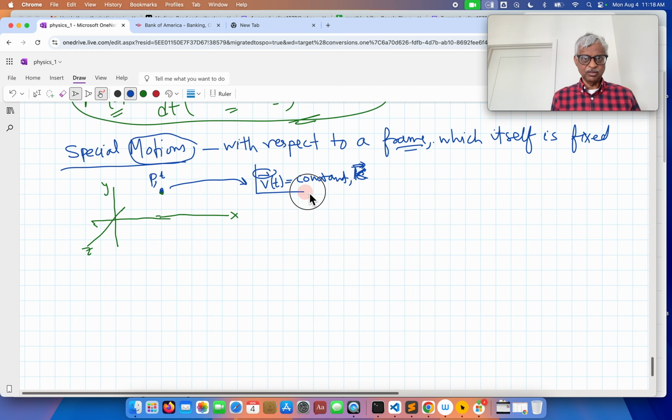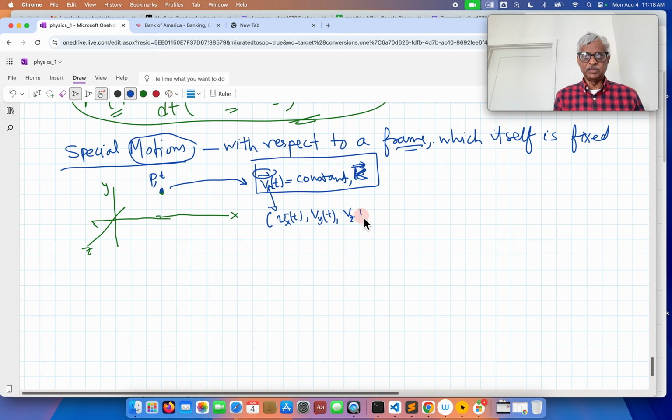We've been talking about writing vectors, right? So what this means is you have vx of t, vy of t, vz of t. It's a collection of three things in a Cartesian frame: x part, y part, and z part.